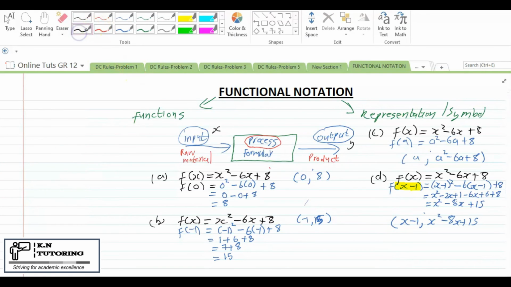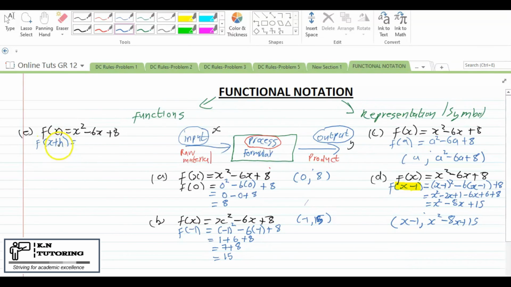Lastly, I'm given that f of x is equal to x squared minus 6x plus 8. I'm asked to determine f of x plus h. And this is the most important one, because when you start doing your limits and your rules of differentiation, or basically looking at your first principle, this is what you're going to get.